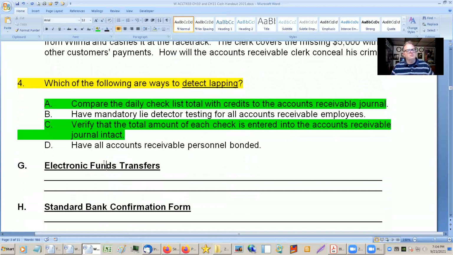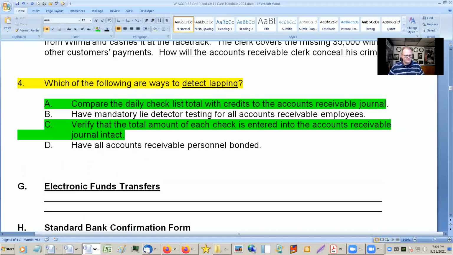Okay, I think we'll stop there. And when we come back, we'll do a little bit more on the monetary unit sampling. Okay, so stop here.